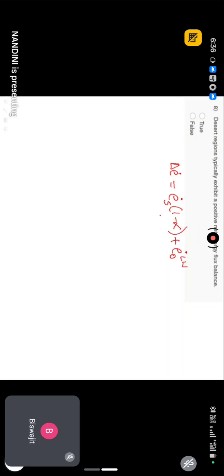This is the absorbed solar radiation, and this is the outgoing long wave radiation. The difference between these two basically gives you how much flux is actually retained in the surface. So ES(1 minus alpha) plus EO long wave gives you the energy balance at the top of the atmosphere.